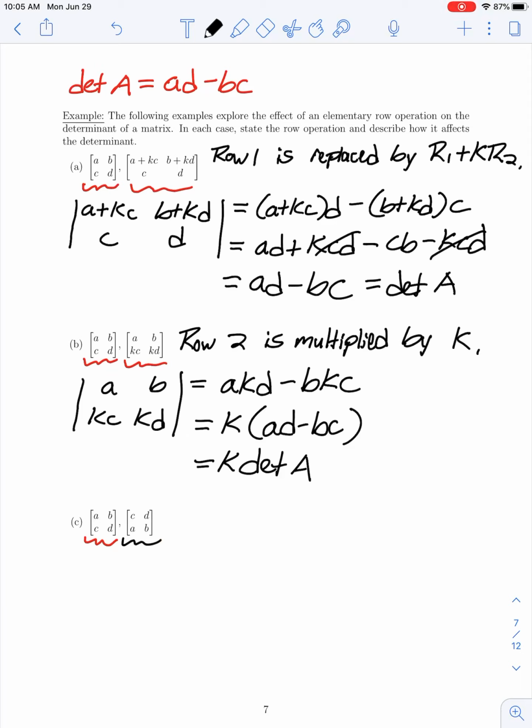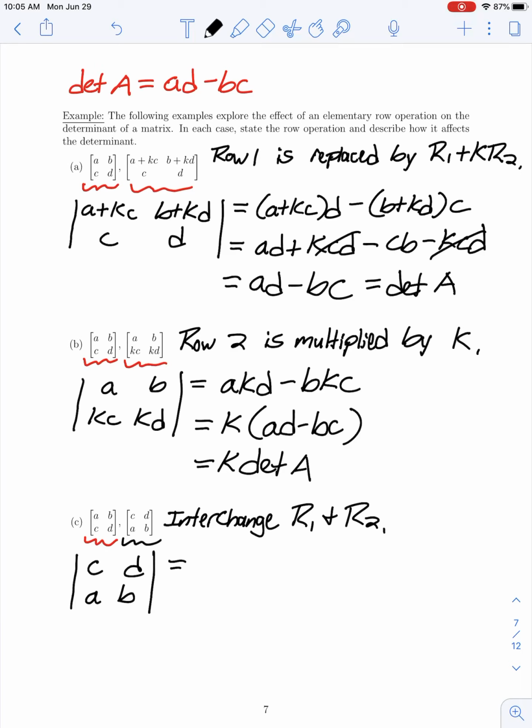So in our last part, part C, we performed a row operation on our matrix, and the new matrix was CDAB. So we can see that here we've interchanged rows 1 and 2. So let's look at the determinant of this matrix, CDAB.